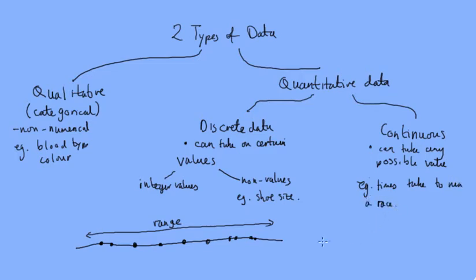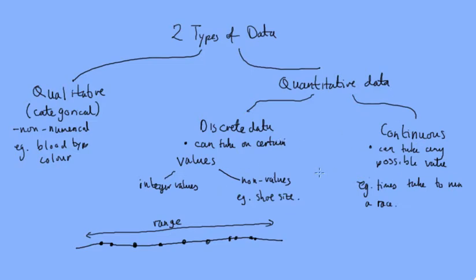Depending on how accurate your equipment is, you can do it to the nearest second, 1/10 of a second, 100th of a second, etc. And it can take any set of values within that range of how long it would take to run that race.